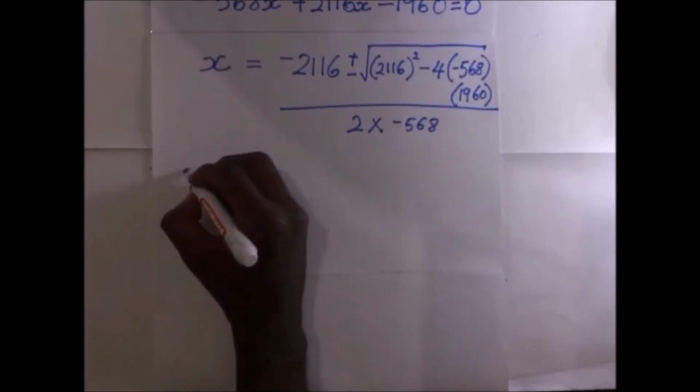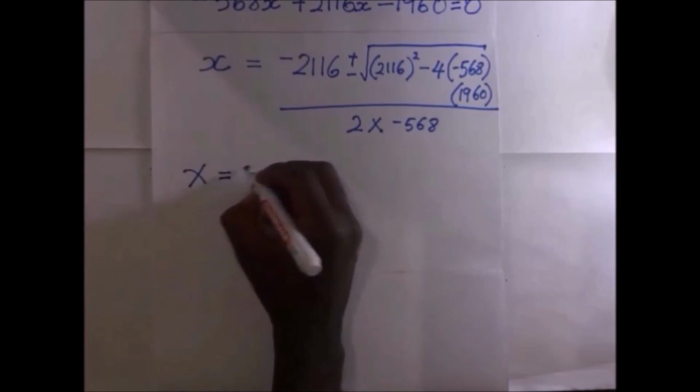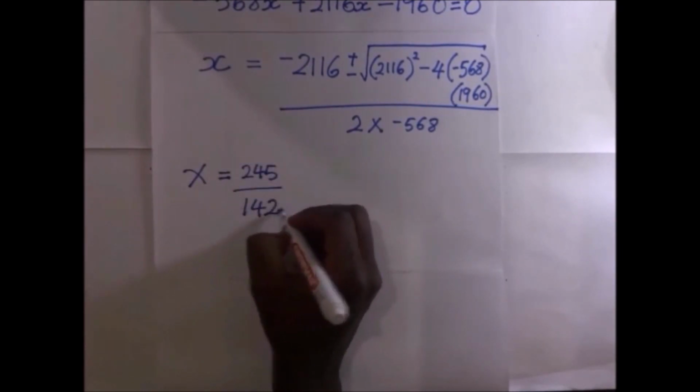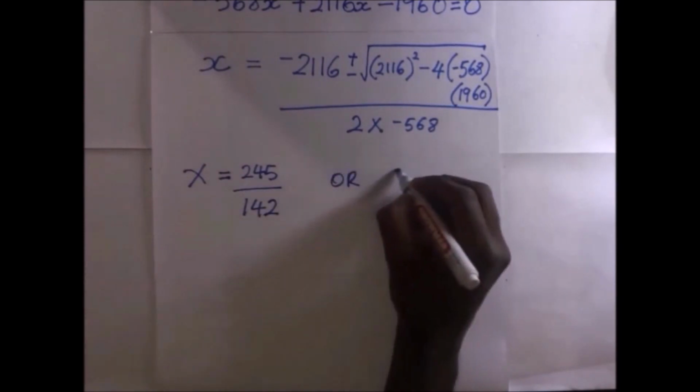So in there, our value of x is either going to be 245 over 142, or it's going to be 2.